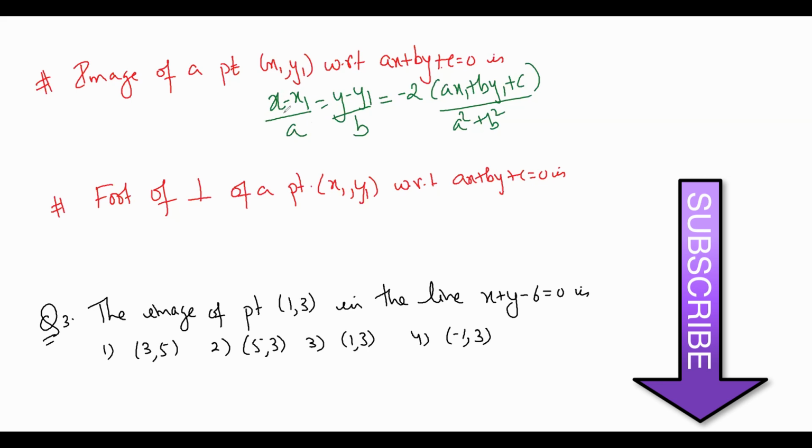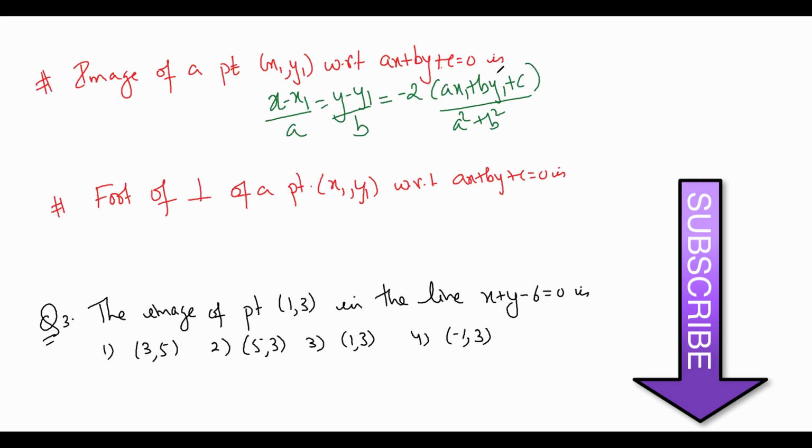There is only one change. There you write (x - x1)/a = (y - y1)/b = (z - z1)/c, and here you write -2(ax1 + by1 + cz1 + d), and in the denominator a² + b² + c². This is the only change.